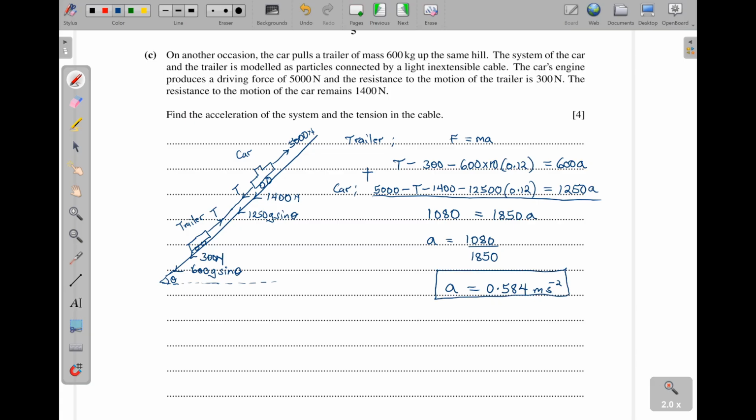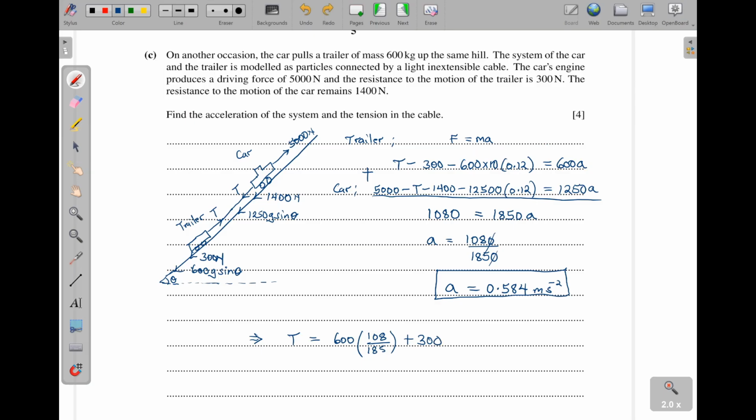Then to get the value of T, I will substitute into any of these equations. I'll use the first one. So the tension is 600 times 108 over 185, which is the acceleration, then add the 300 and the 6,000 times 0.12 when you take all of these to this side.